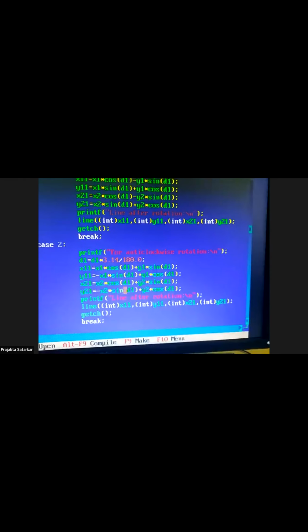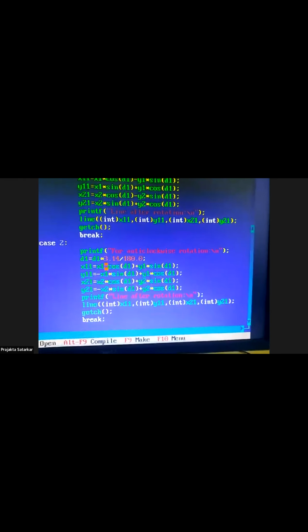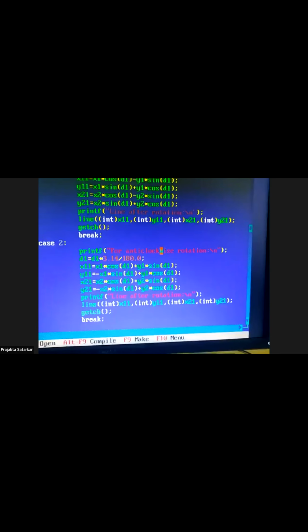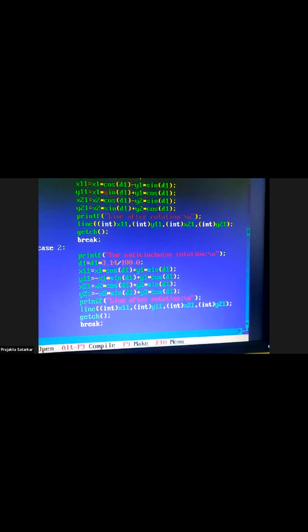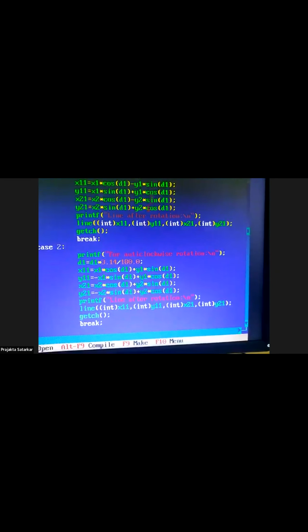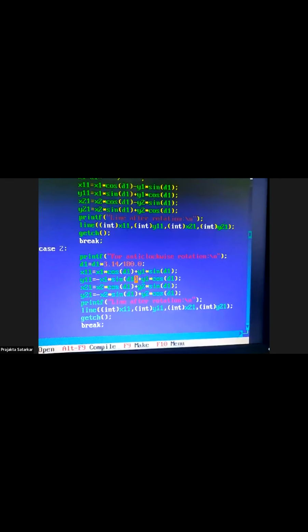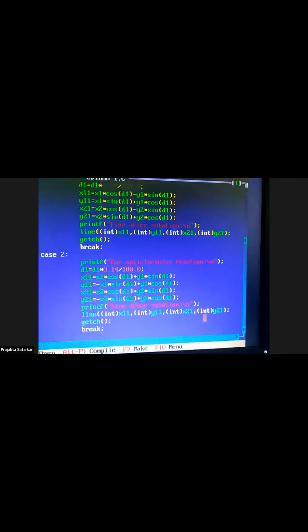So this is the code for the anti-clockwise. Only the sign is changing. Only this T matrix is changing with sign. Okay, so here only I have considered the minus sign and remaining all are plus. Let us see now the execution.